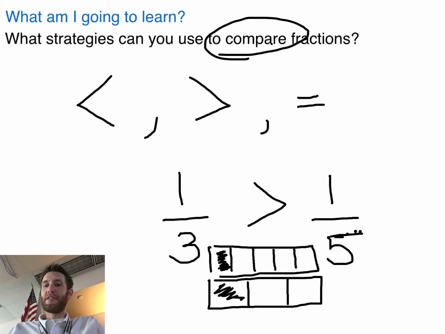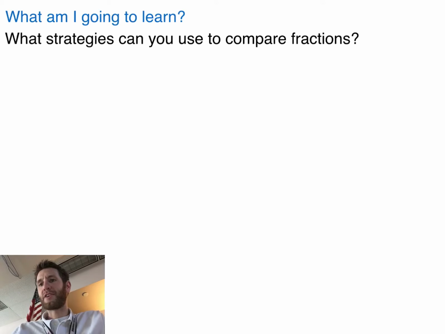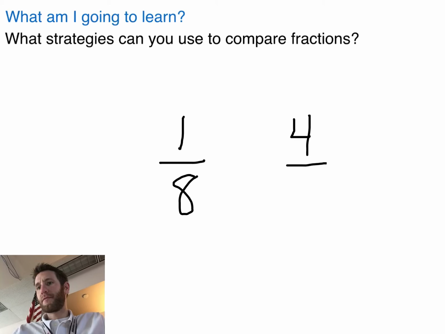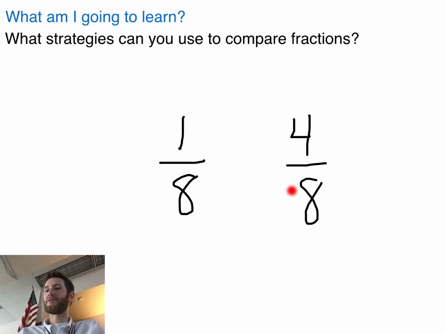But I also might, let me erase this for you here, I also might have a fraction like 1/8 and 4/8. Okay. Now you'll notice in this case that the numerators are now different, but the denominators are the same.